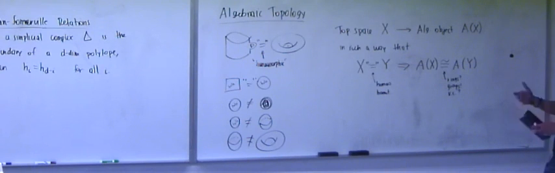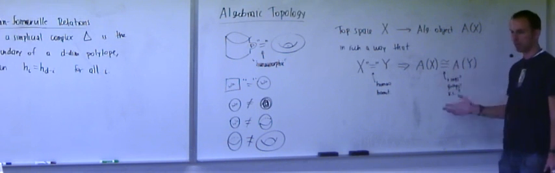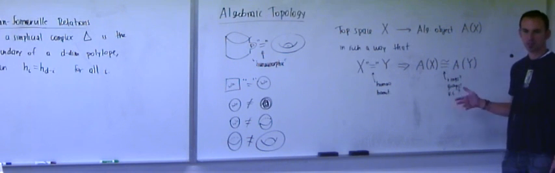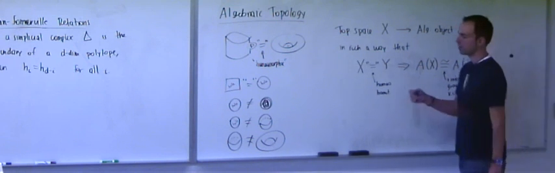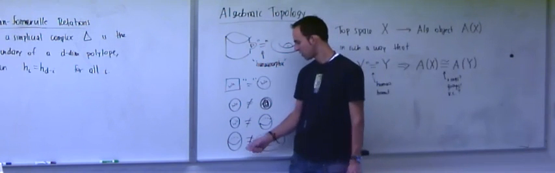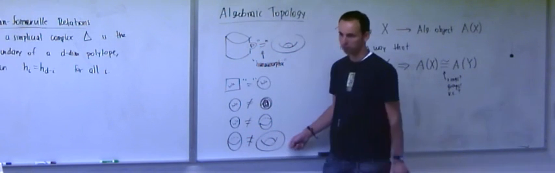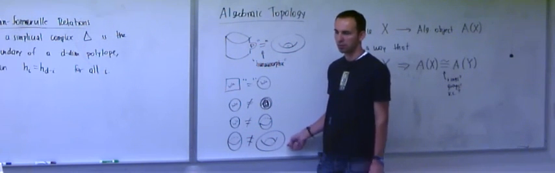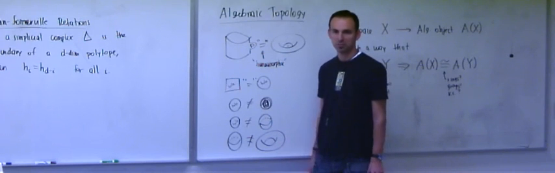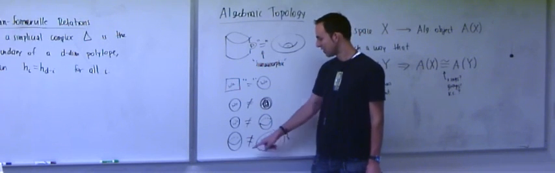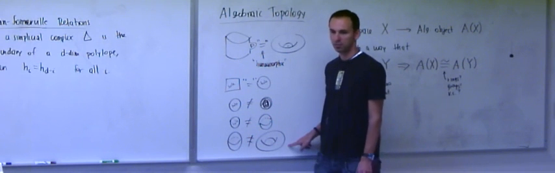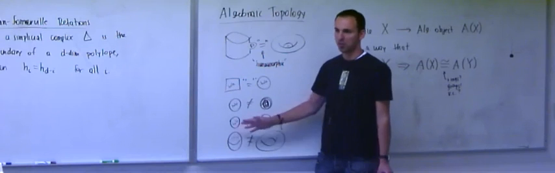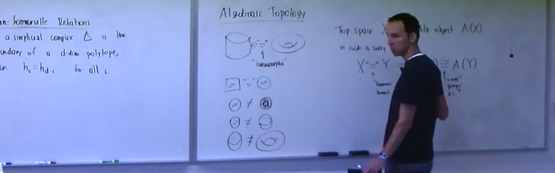But what's the point? The point is that we actually do know, we have good techniques for showing that algebraic objects are equal or different from each other. Okay? So for example, if I can associate an algebraic object to a sphere and to the torus, a group, for example, a homology group, then if I show that the homology group of this guy is different from the homology group of this guy, then I'm going to know that they're topologically different, because if they were equal, they would have the same homology group.